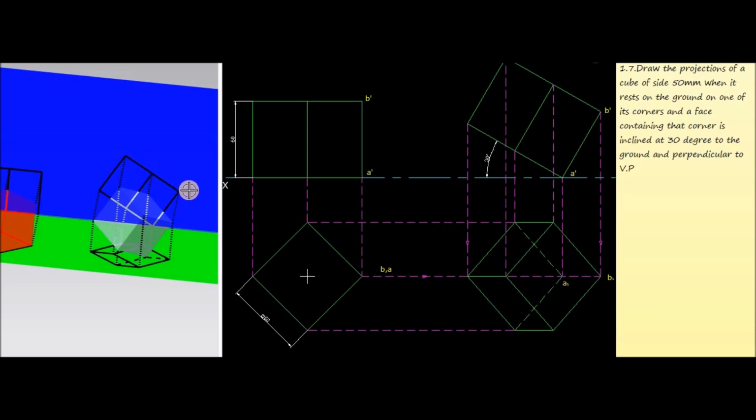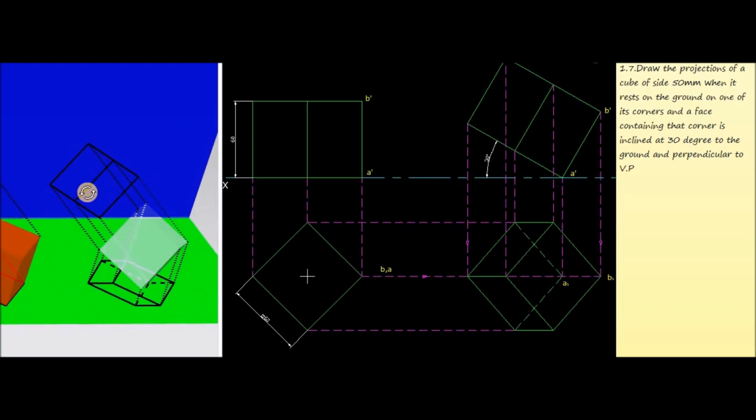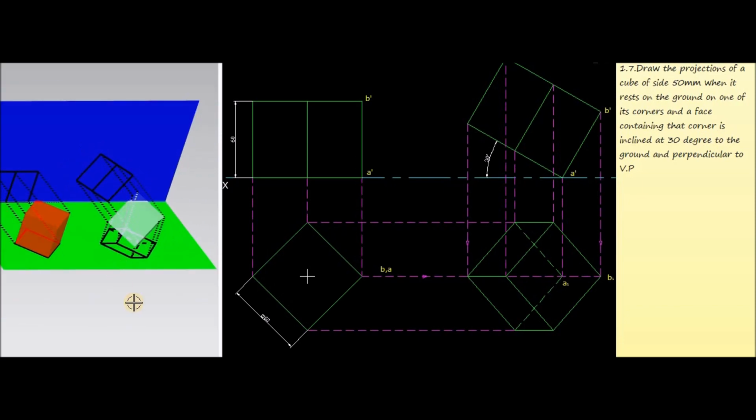These are the top corners, and now project the bottom corners, then join all these corners. You will get one rectangle on the vertical plane, and these black lines joining all the corners will give the front view after rotating through an angle of 30 degrees.